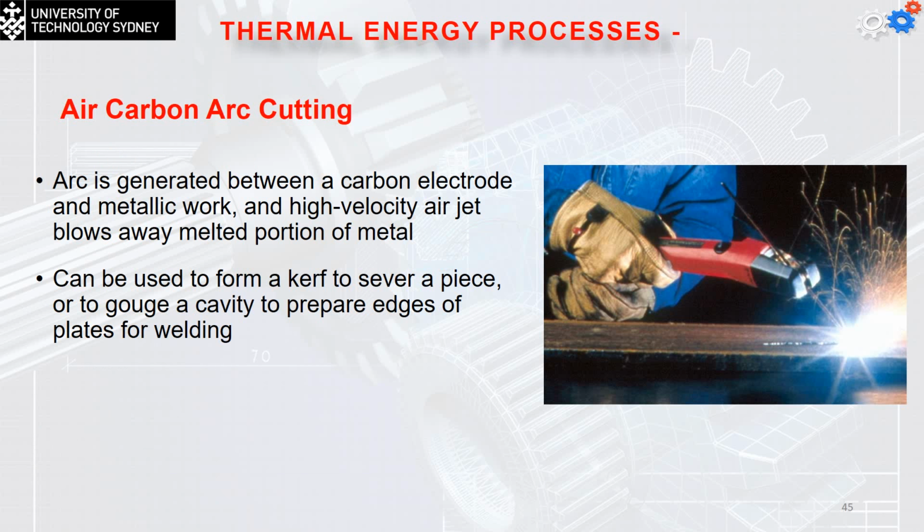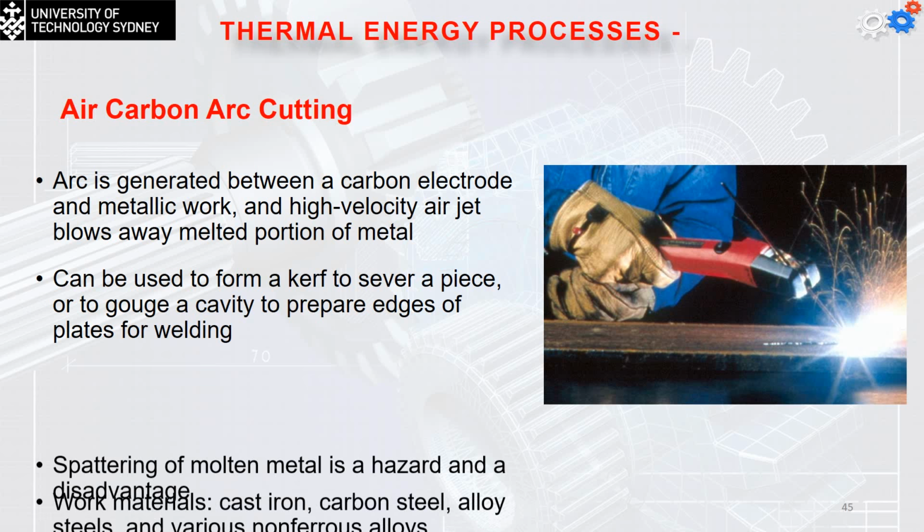The air carbon arc cutting, I think you saw this one before. The arc is generated between the carbon electrode and the metallic workpiece. So we're only going to have the arc generated between the two parts. At high velocity, an air jet blows away the molten portion of the metal and can be used to form a curve on the surface of the piece, or gouge a cavity to prepare the edges of plates for the welding process.